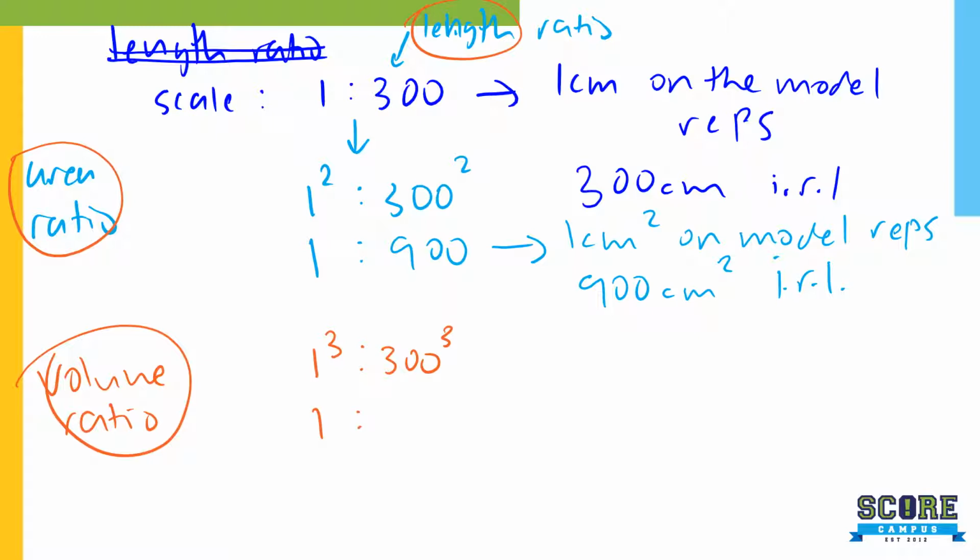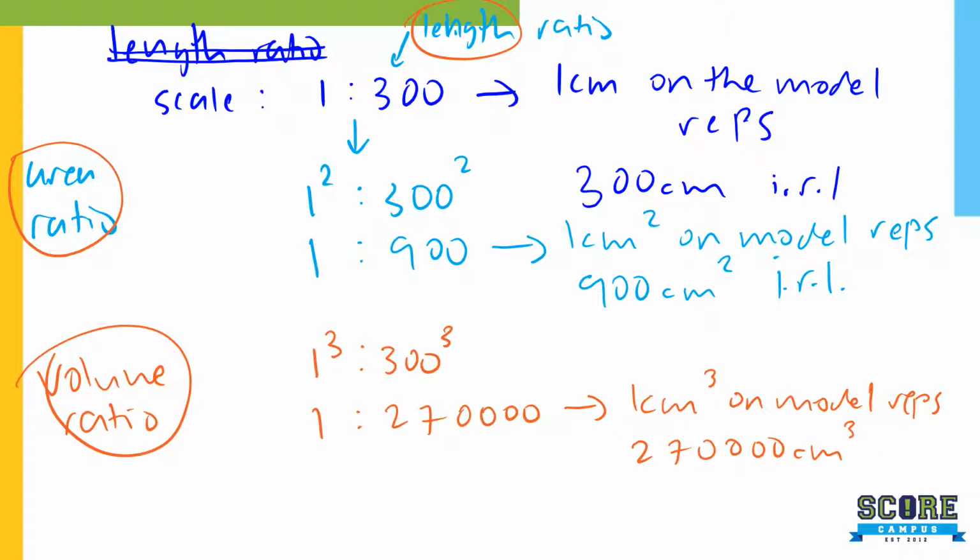So 1 is to 27 and 6 zeros. So this means 1 cm cubed on the model represents 27,000,000 cm cubed in real life.